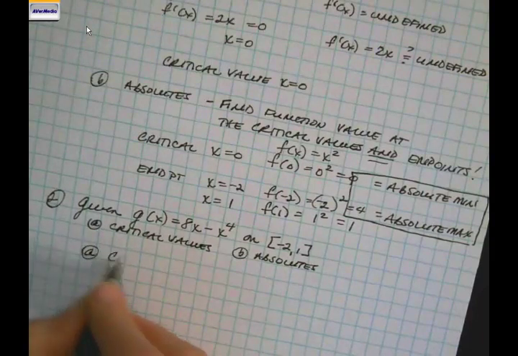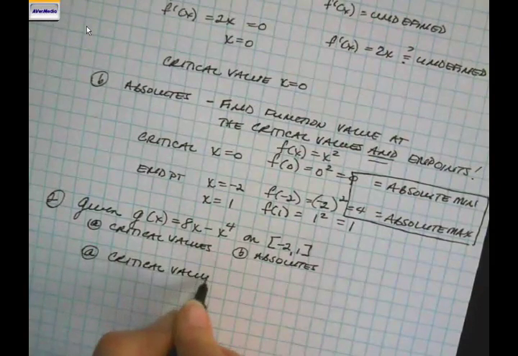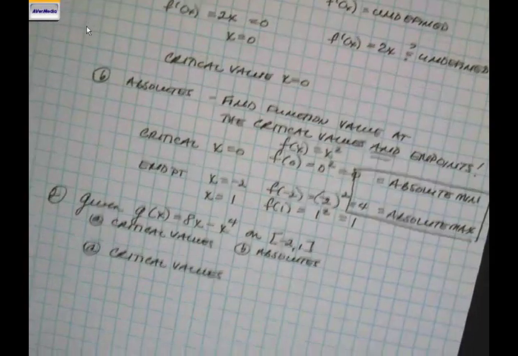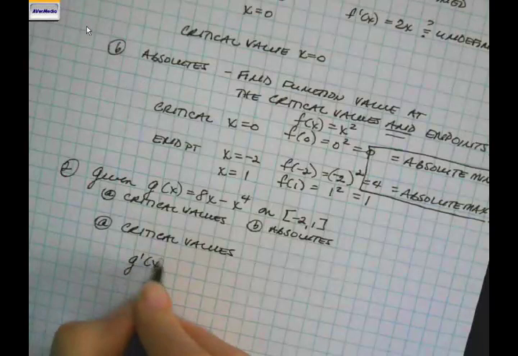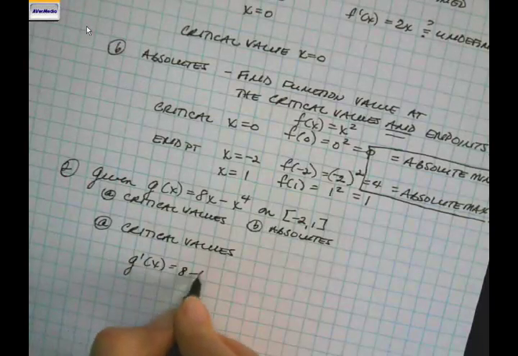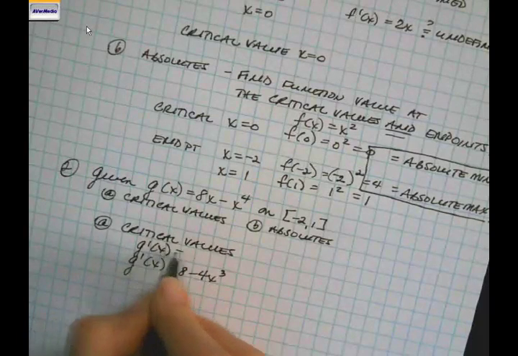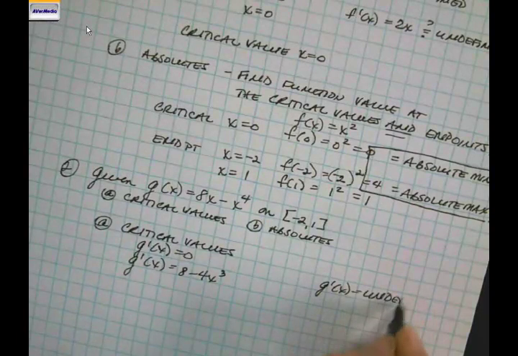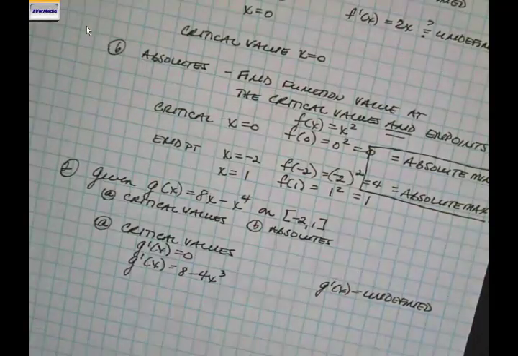Okay, so critical values occur in two places: where g prime of x equals 0, and where g prime of x is undefined. So g prime of x equals 8 minus 4x cubed. Now, remember, I'm going to set g prime of x equal to 0, and I'm going to check where it's possibly undefined. So it's kind of like the undefined business is catching the cusp, the height or the low at a cusp.